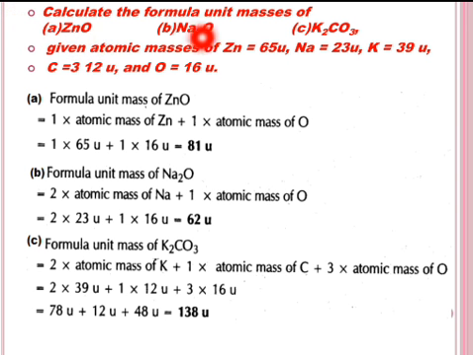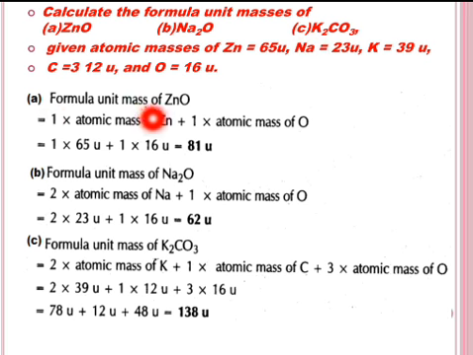Calculate the formula unit masses of zinc oxide ZnO, sodium oxide Na2O, potassium carbonate K2CO3. Here the atomic masses of the elements present in these compounds are given. By using the values of these atomic masses, you can calculate the formula unit masses of these given compounds.